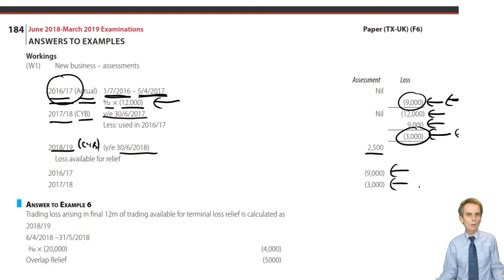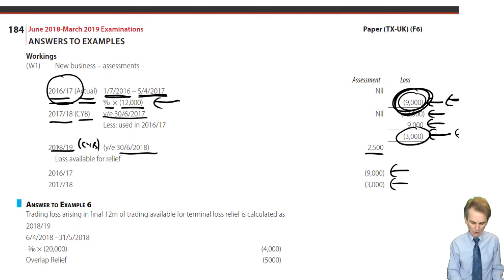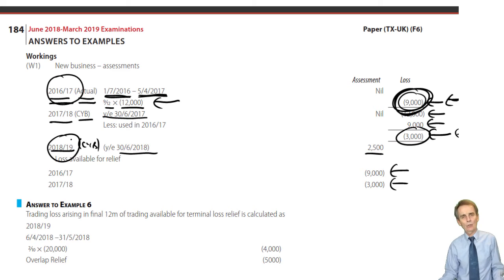going through with columns from the 13-14 tax year, the earliest year to which we could take this loss of £9,000 back to. It's a 3-year carry back from 16-17, all the way through to the most recent year, 18-19. So you need to set those columns up on your working page. You need then to transfer from the question to your answer the figures provided.